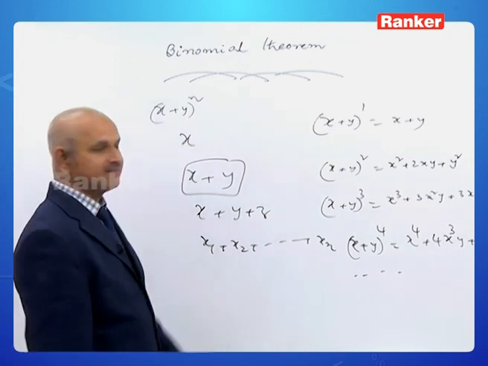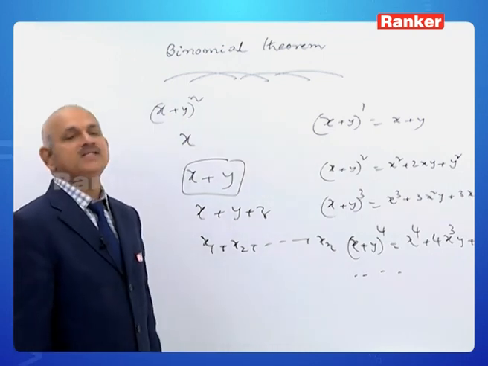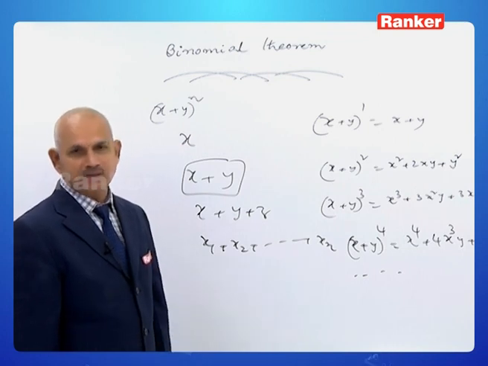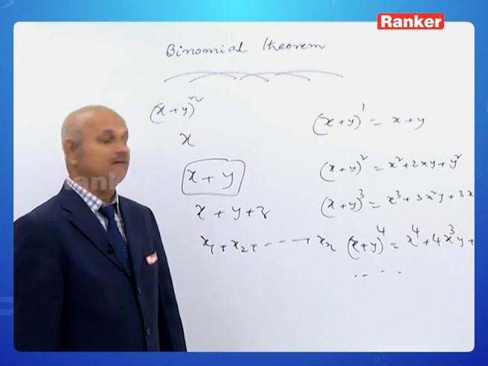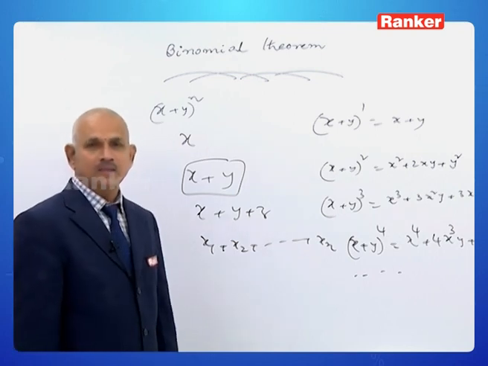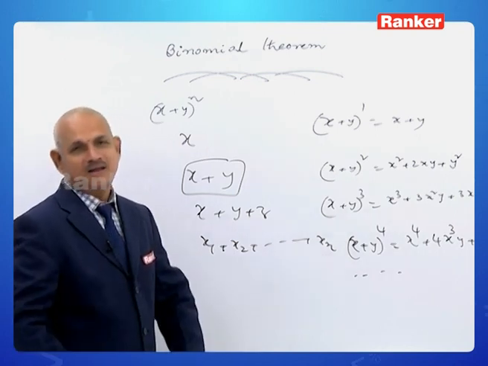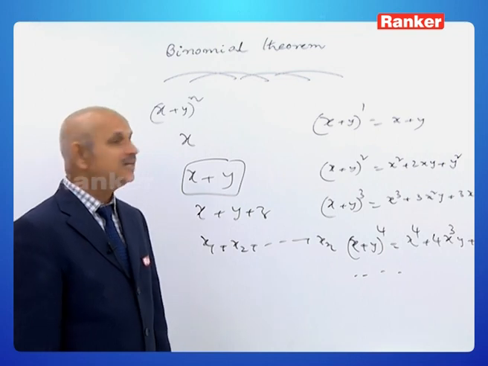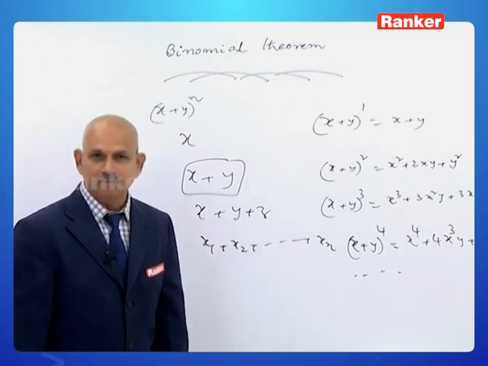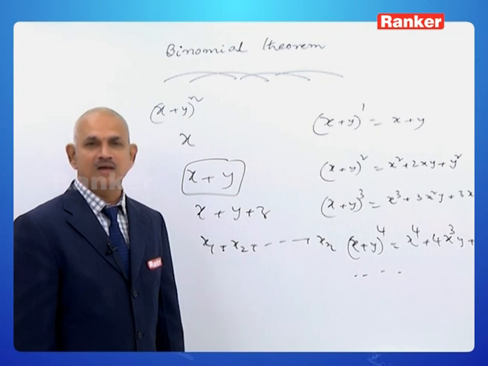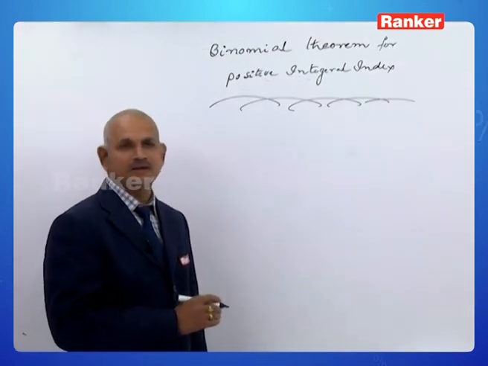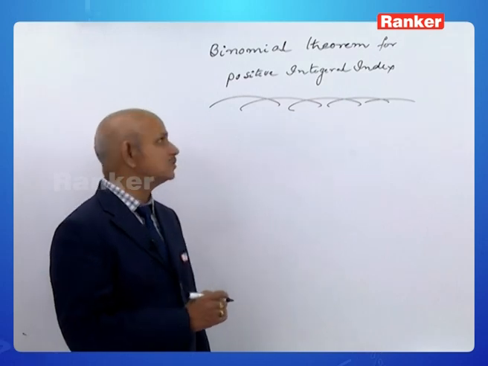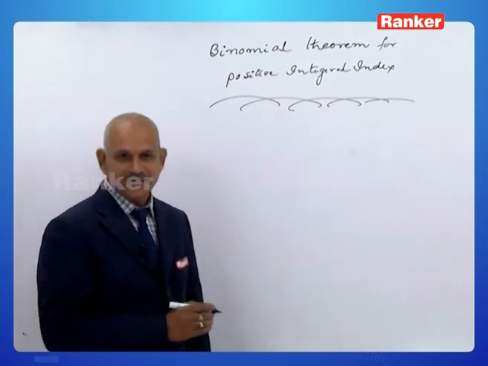If n is a rational number, then we say that statement to be the binomial theorem for a rational index. Well, we shall look at those things in an order. Let us first think of binomial theorem with positive integral index. Let us now observe the statement regarding binomial theorem for positive integral index.